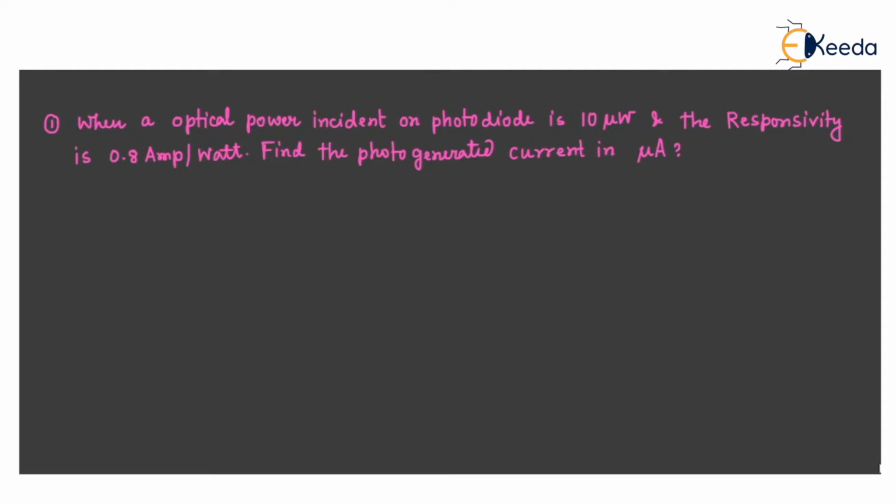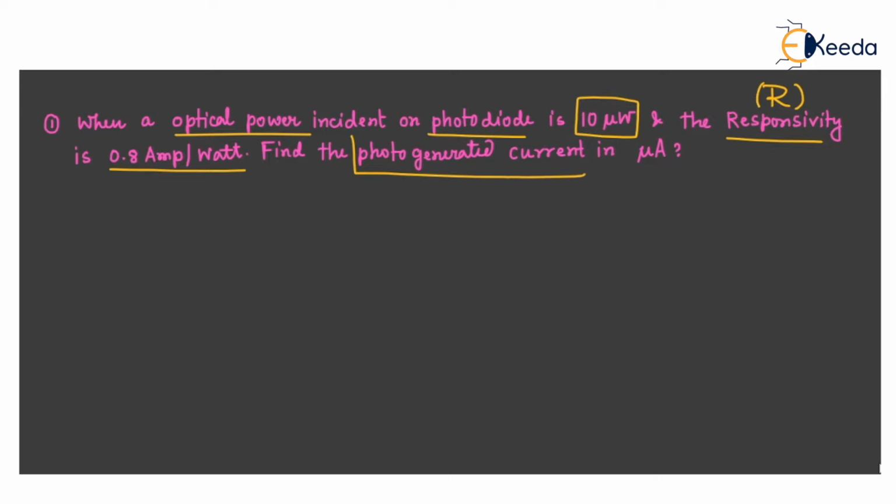In the numerical it is written that an optical power is incident on a photodiode, and the incident optical power is given by 10 microwatt. The responsivity, denoted by capital R, is 0.8 ampere per watt. So we have to find the photo generated current in microampere.